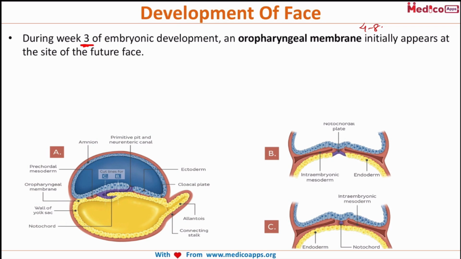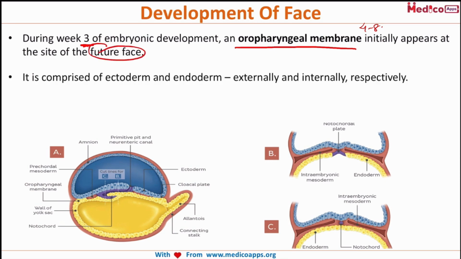During 3rd week of embryonic development, an oropharyngeal membrane initially appears at the site of future face. This comprises of ectoderm as well as endoderm, which are lining externally and internally respectively.